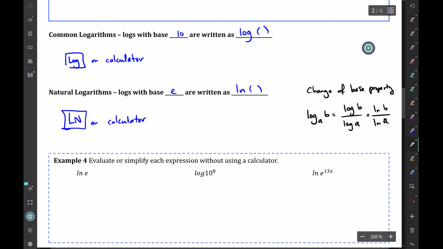So it's a way of changing bases. And so if you use this property, you can plug any of these expressions into your calculator. Because if you need to evaluate log base a of b, you just write it as log base 10 of b over log base 10 of a, or ln of b over ln of a.